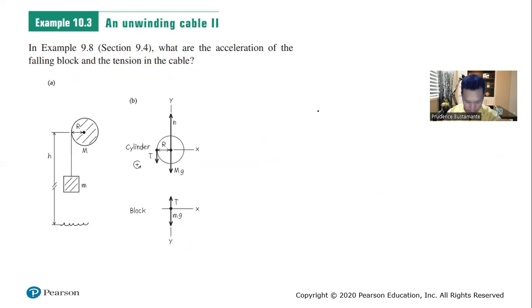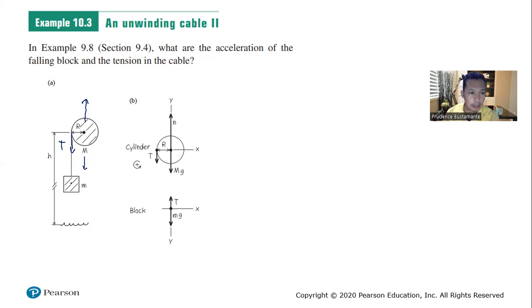Again, we have another example. What is the acceleration of the falling block and the tension in the cable? So review example 9.8. If you look at the free body diagram, we have the normal force in this direction, we have the weight force, and we have the tension, which is the only one producing the torque.